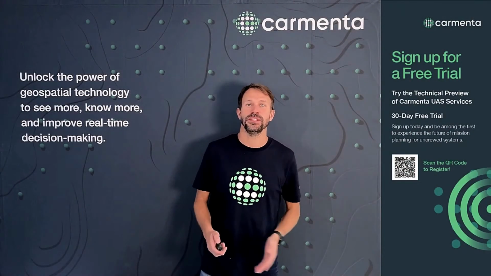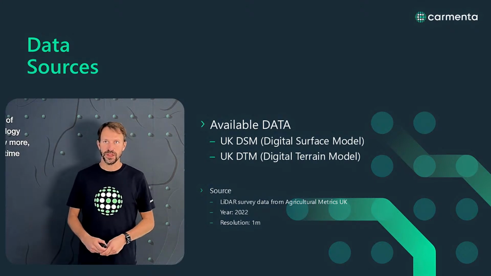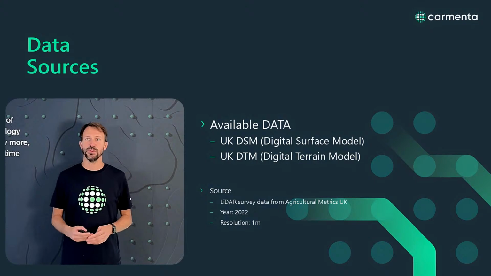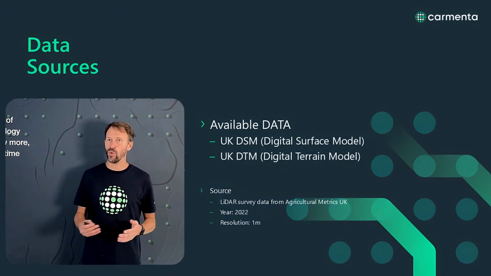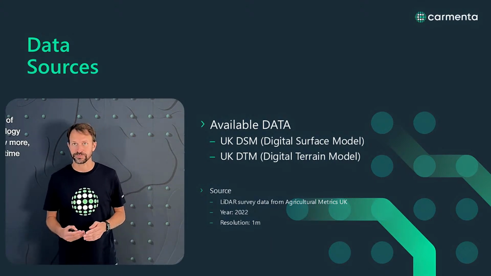So let's talk about some of these data sources that come pre-integrated with Carmenta UAS Services. It's from the Ordnance Survey in the UK, and we utilise the DSM, the Digital Surface Model, which includes all surface features such as buildings, vegetation and other structures.